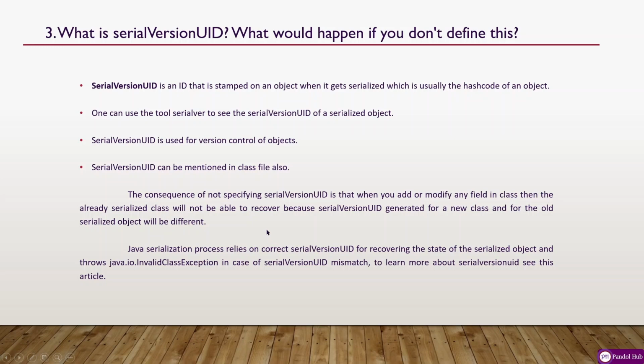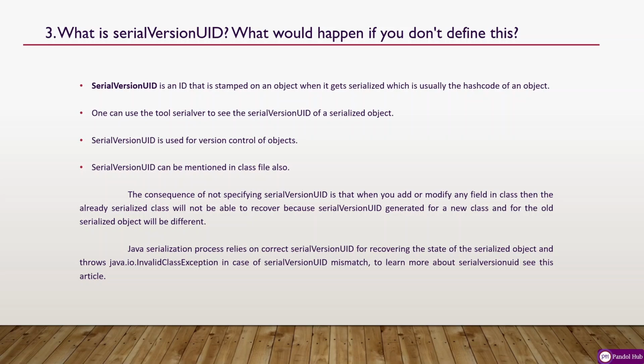If there happens to be the same scenario I explained before, you have an object serialized using one UID, and there is a change in the class, and now you're trying to deserialize it, it throws an error. Once you deserialize it, you get an object which you typecast to your own user-defined class. For example, you have an employee class and you serialize it with one version UID.